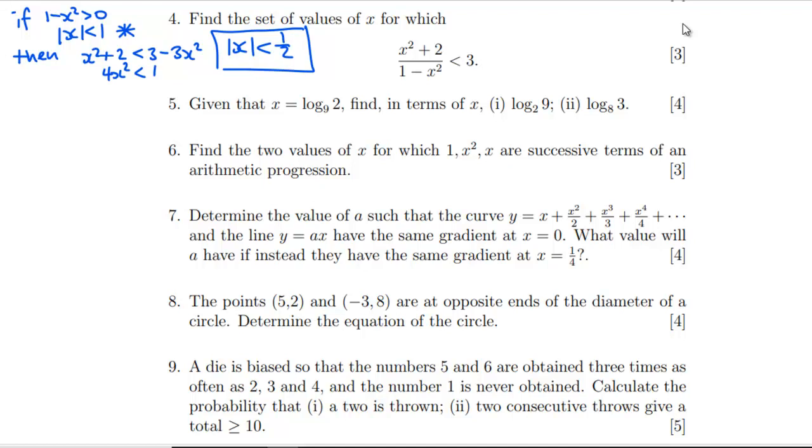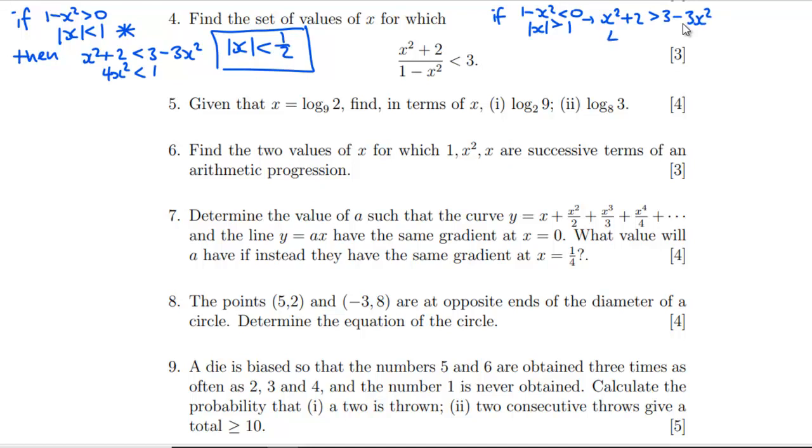And then if we were going to do it again and say if 1 minus x squared is negative in this case, then what we're saying with that is that mod x is greater than 1. Then we're going to have to turn the inequality sign around. So we'll have x squared plus 2 has to be greater than 3 minus 3x squared.